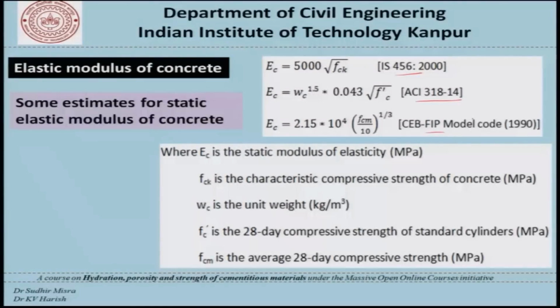So for example, the IS code says Ec can be taken as 5000 root of fck. The ACI tells us that it can be taken as wc to the power of 1.5 into 0.043 root of fc', and so on, where these parameters are defined here.